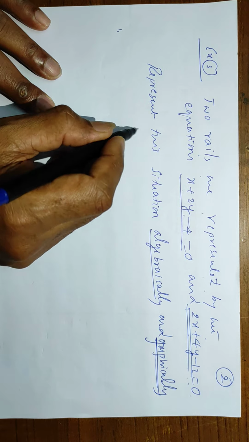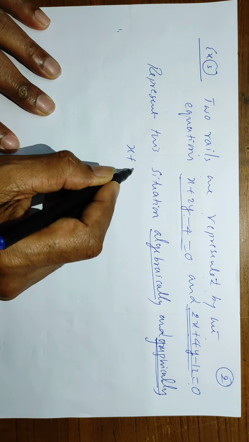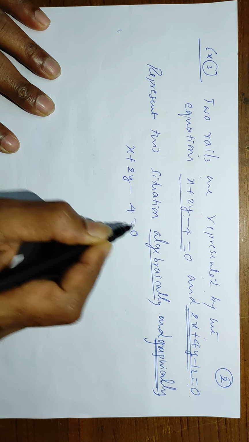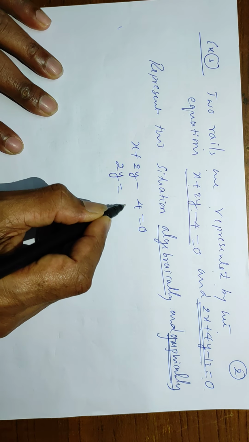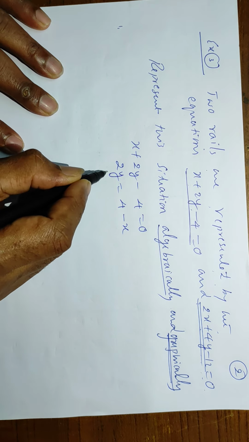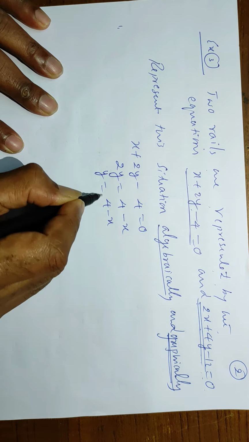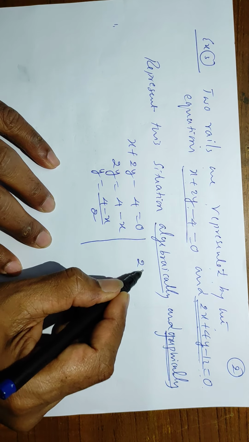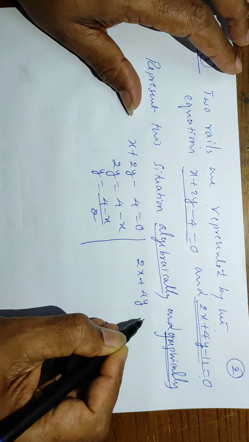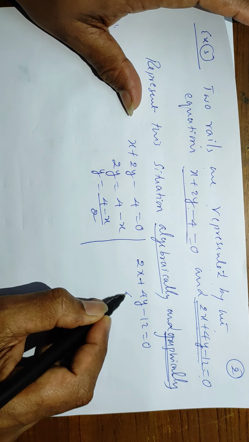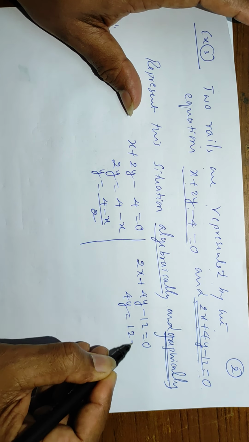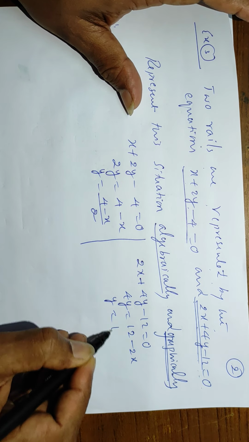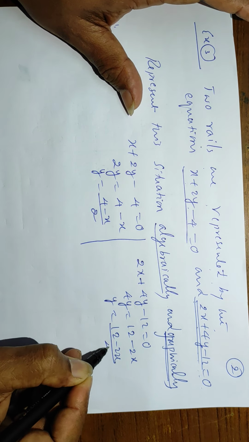So x plus 2y minus 4 is equal to 0, 2y is equal to 4 minus x, y is equal to (4 minus x) by 2. Another equation, 2x plus 4y minus 12 equals 0, 4y is equal to 12 minus 2x, y is equal to (12 minus 2x) by 4.